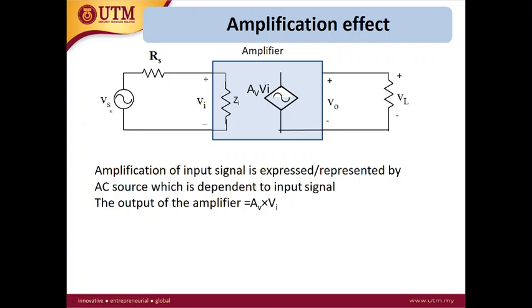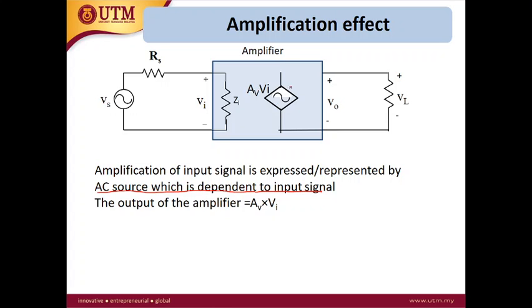And then the model of the amplifier needs to represent the amplification process. Amplification means the output needs to be bigger than the input, and the ratio of the output to the input is defined by the gain Av. To represent this amplification, we use a dependent AC source, which depends on the input signal.